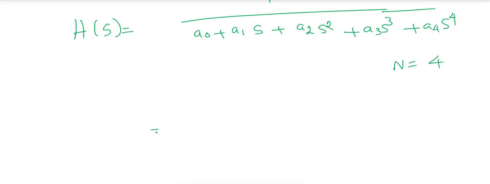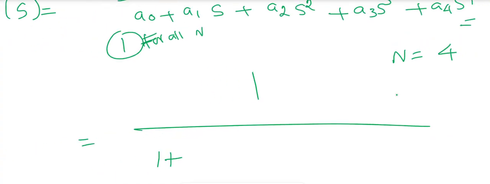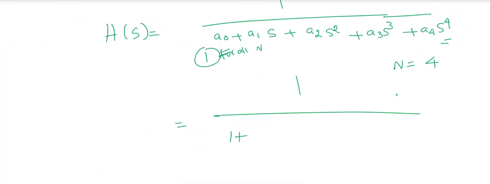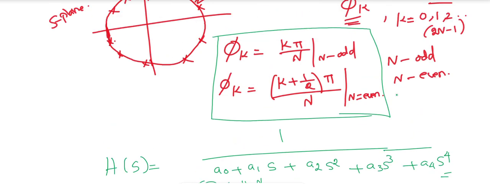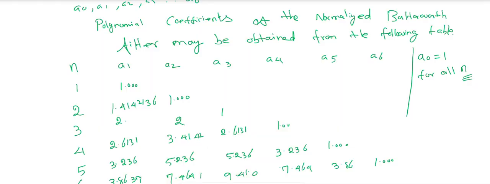So how do you write the system function? a0 is always 1 for all n. For a fourth order filter, n is equal to 4, what are the coefficients a1, a2, a3, a4?